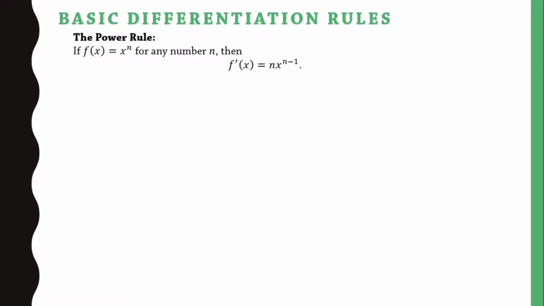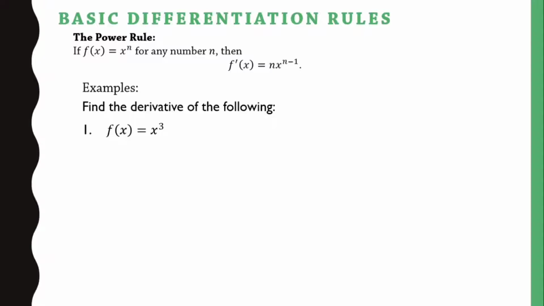So basically, if we have the function x raised to n, where n is our exponent, what we're going to do is we take n, we make it our numerical coefficient, then we subtract 1 from our exponent. To make this clearer, let us have some examples.